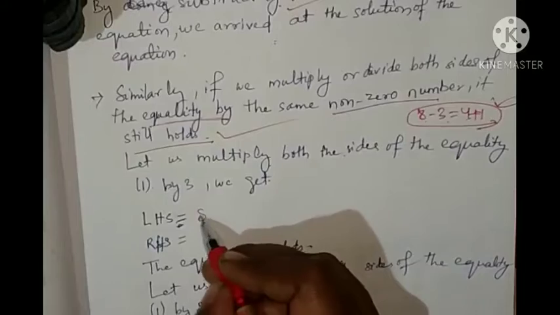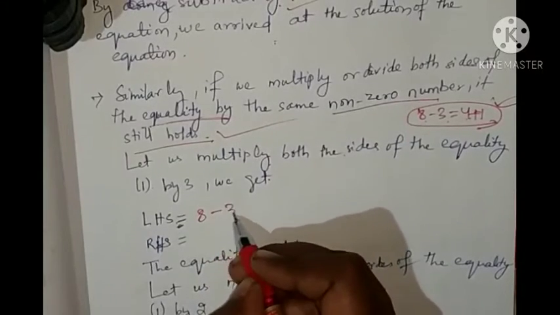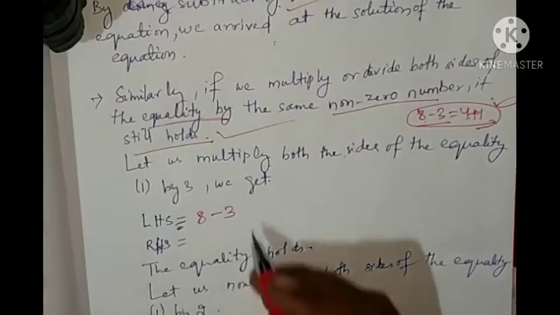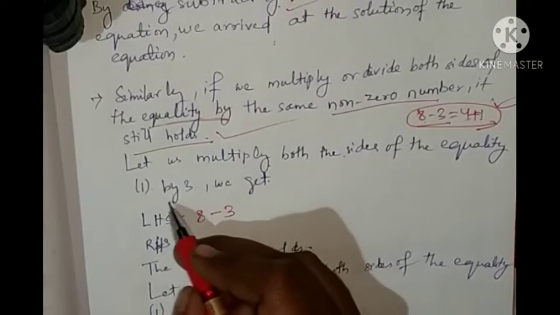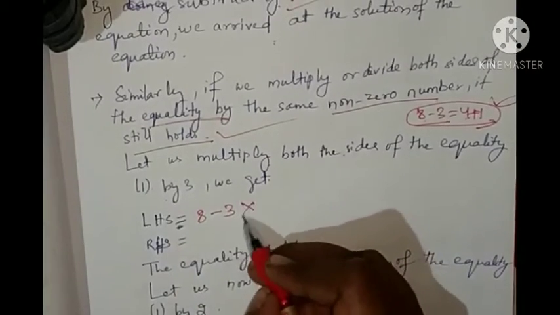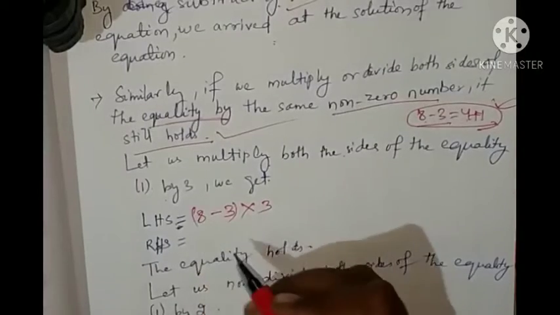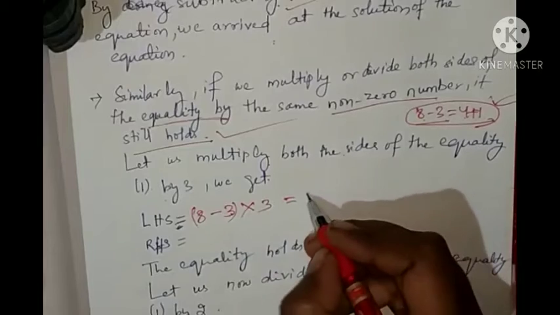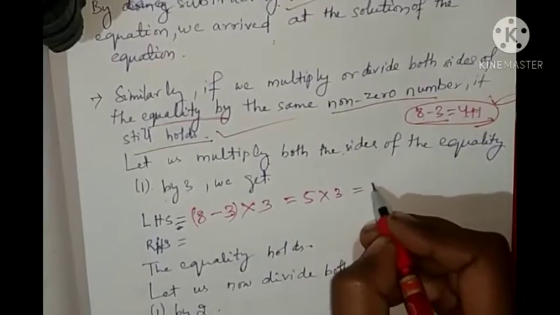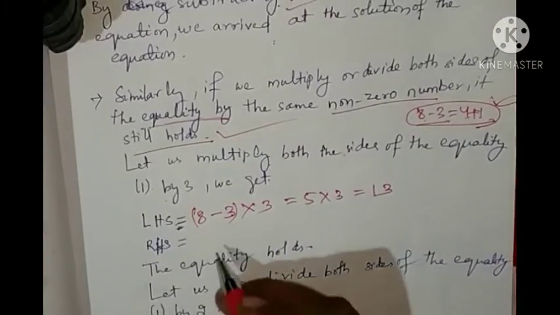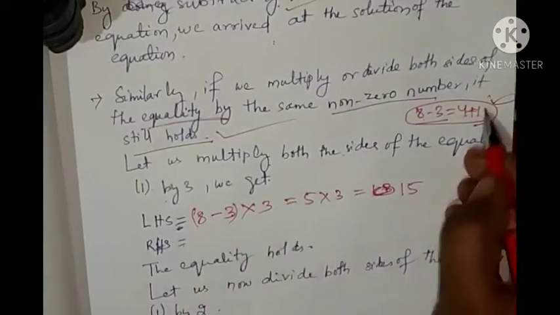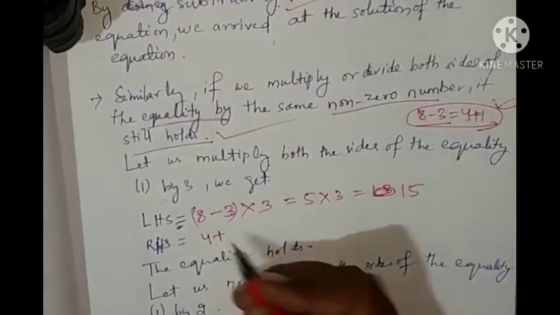So LHS is 8 minus 3, and we multiply it by 3. 8 minus 3 is 5, into 3, we got 15. Next, the RHS is 4 plus 1.